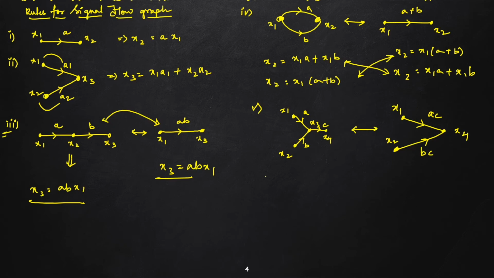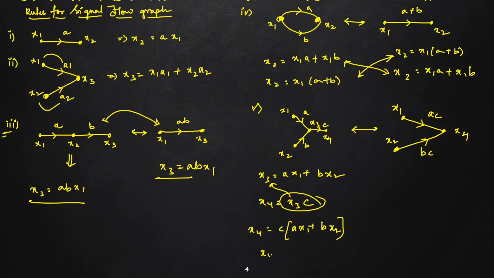So for proof purposes, let us see, x3 was equal to a into x1 plus b into x2. x4 was equal to x3 into c. Now we just substitute the value of x3 in this case. So x4 is equal to c multiplied with a x1 plus b x2.